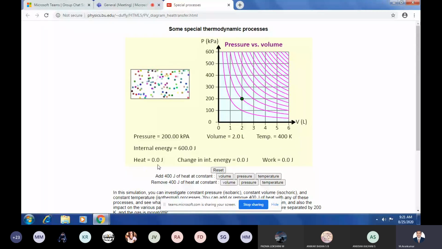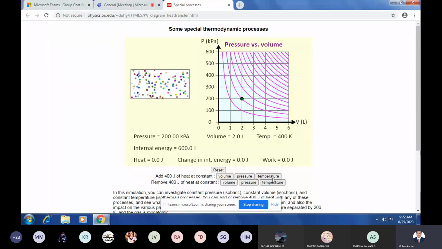So what will be the heat change, what will be the change in internal energy, and what will be the work transfer if the process is an isochoric process, isobaric process, or isothermal process? Do you know what an isothermal process is? In an isothermal process, the temperature will be constant, right?